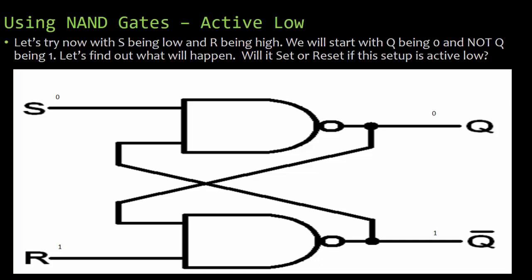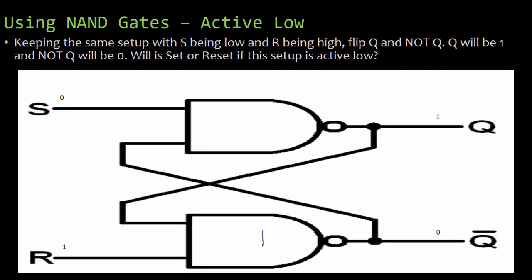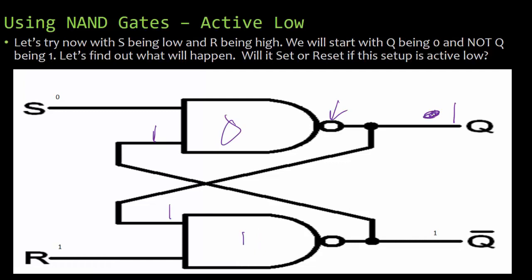So we can start with S. We bring up this 1. 0 and 1 give me a 0. I hit this inverter. This becomes a 1. Bring this 1 down here. 1 and 1 give me 1. I hit this inverter, and that changes this to 0.